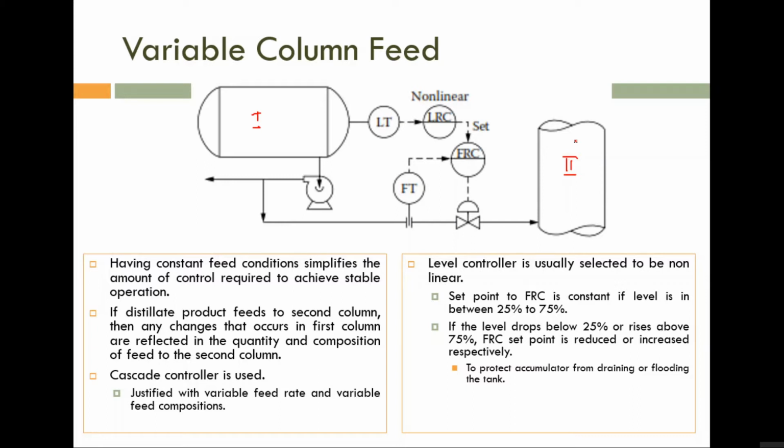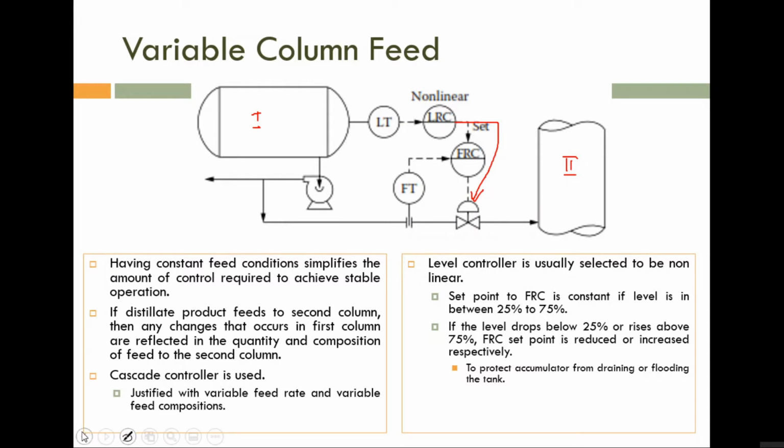So this one is a DCS diagram of variable column feed. You can see that this one is the accumulator, and in order to maintain the liquid level inside this accumulator constant, a level controller is used. Okay, so please note, if you give this control signal directly to this control valve, this is a simple level controller that we discussed along with the column pressure controller, right?